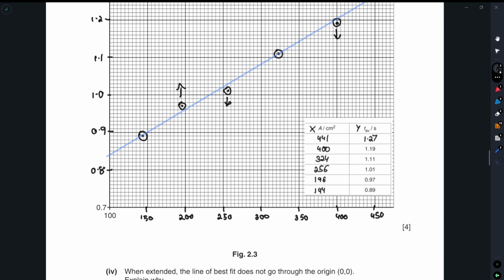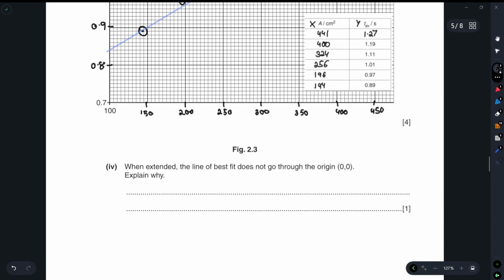Now that's not possible. So when we say origin we say 0 and 0. So if the area is 0, the time required for it to fall from a certain height will also be 0. Means that it's reaching the ground instantaneously, which is not possible, of course, yaar.